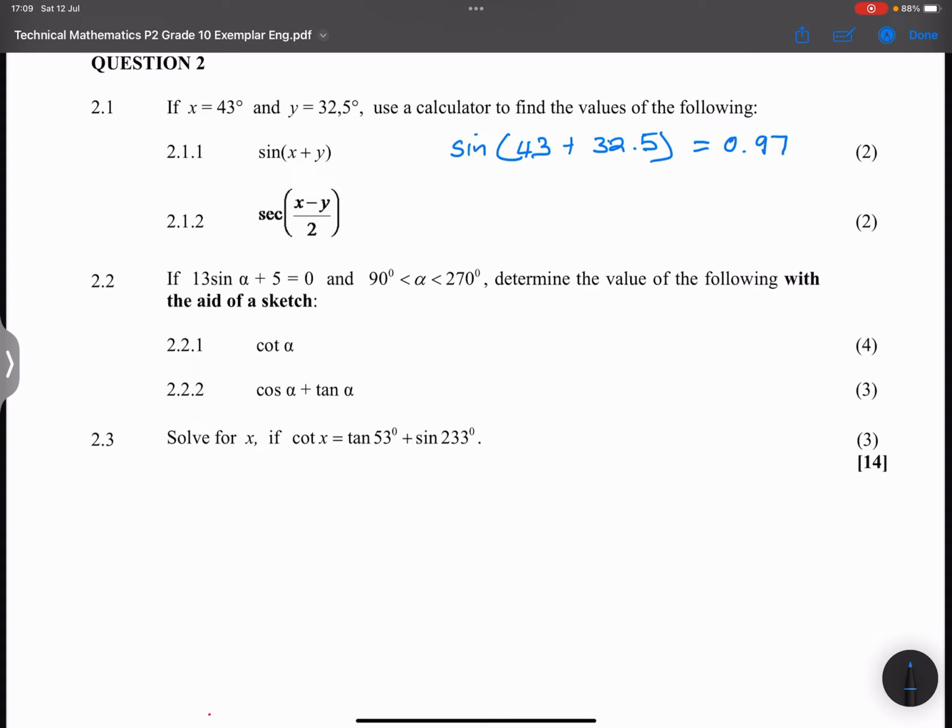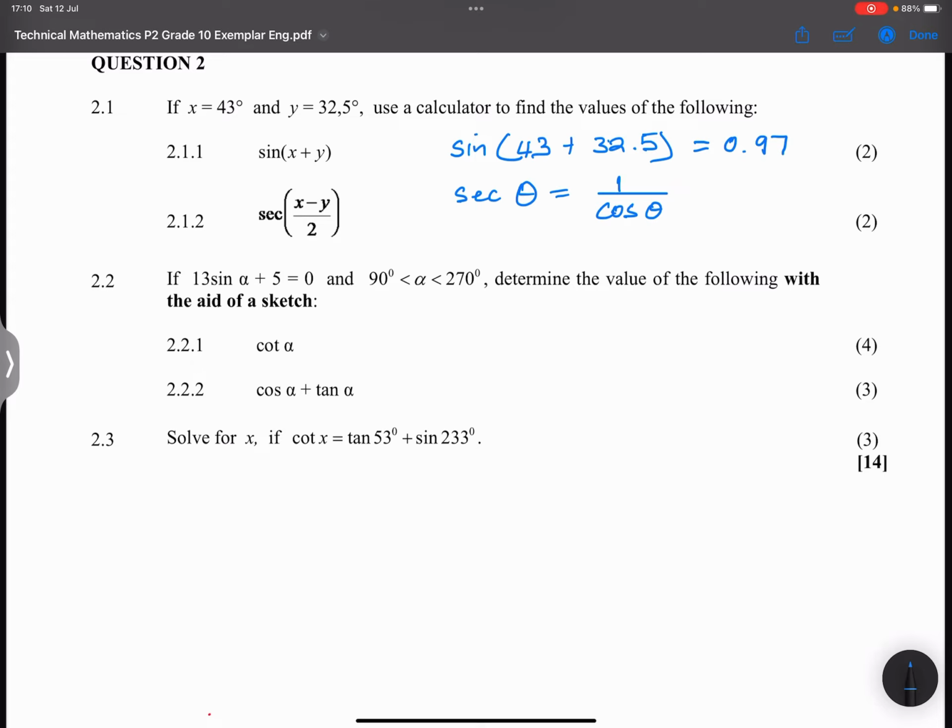Now let's go for the next one, guys, and I want you to please know your trig ratios. What do we know about sec? We know that sec of any angle is the inverse ratio of cosine. So 1 over cosine is equal to sec.